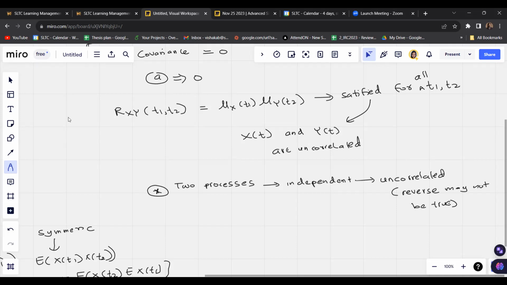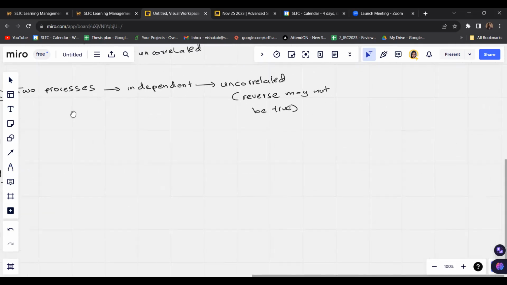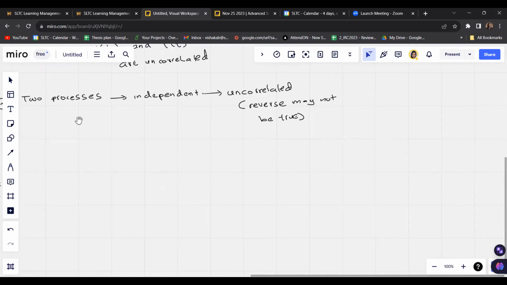So if we take an example for independent random processes, an example would be the communication example, where we can consider some kind of independent random processes occurring.